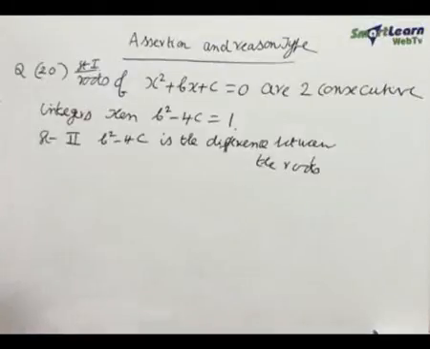Question 20. Statement 1 says that if two consecutive integers are the roots of the equation x squared plus bx plus c equal to 0, then b squared minus 4c equal to 1. Statement 2 says b squared minus 4c is the difference between the roots.